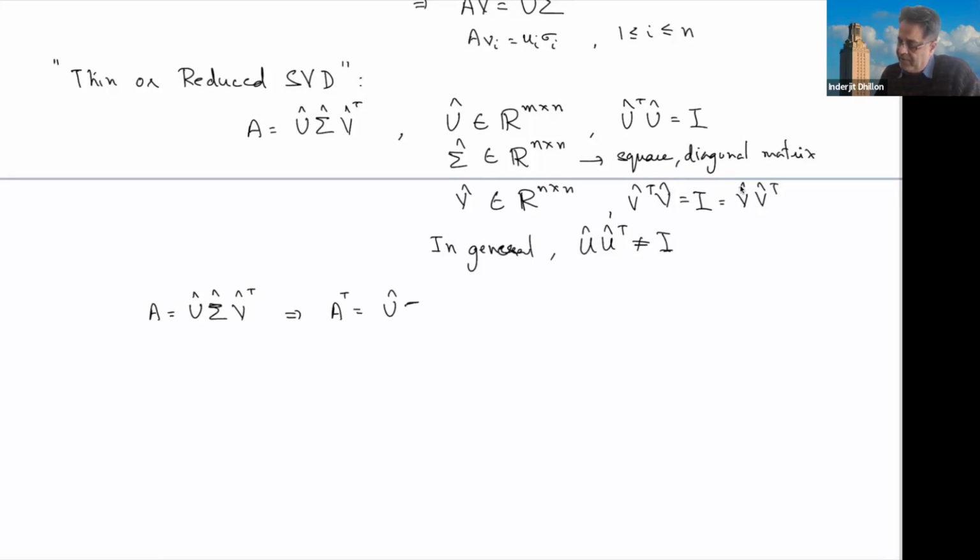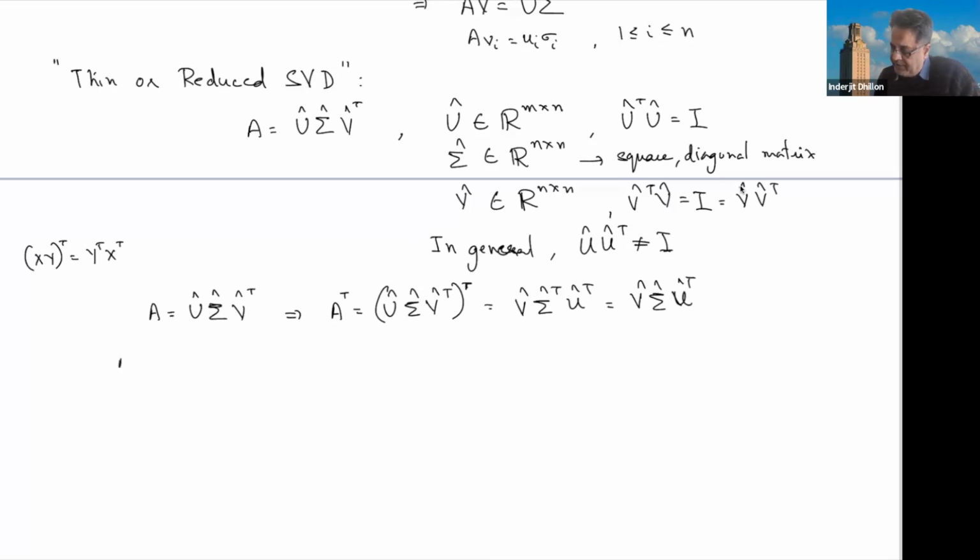Using the rule for the transpose of a product, in general (XY) transpose is Y transpose X transpose, so I have V hat, sigma hat transpose, which is the same as sigma hat since it is square and symmetric, and then U hat transpose. So A transpose is V hat sigma hat U hat transpose.